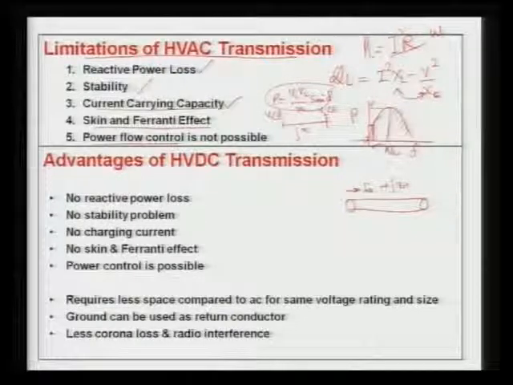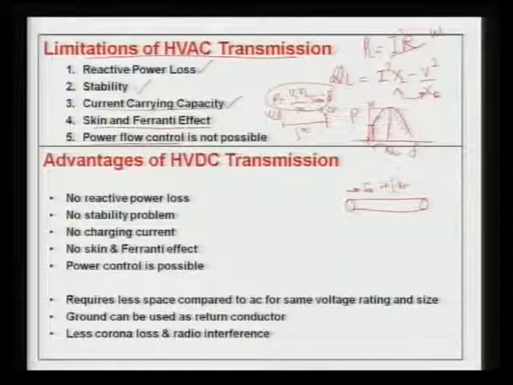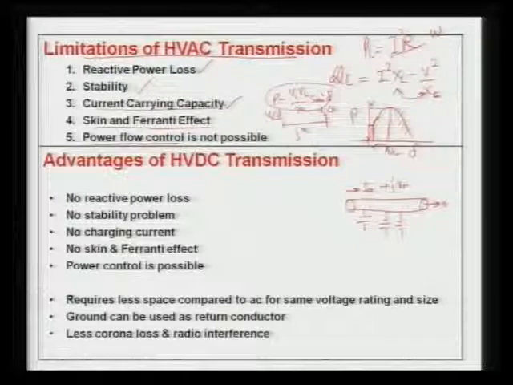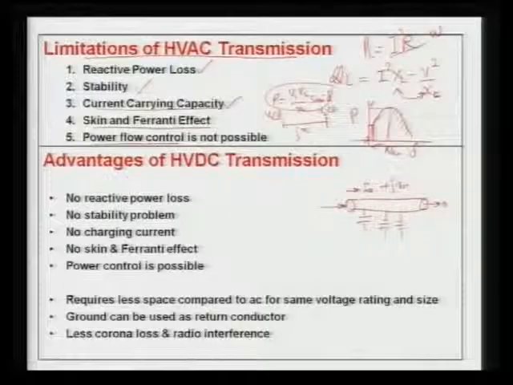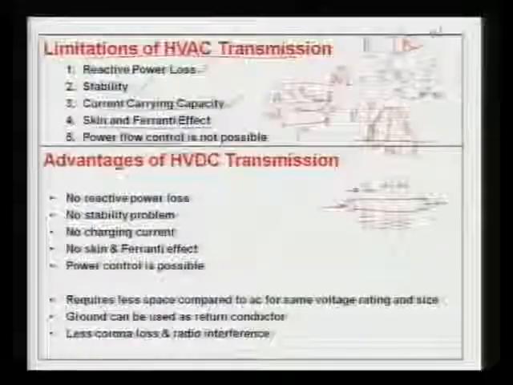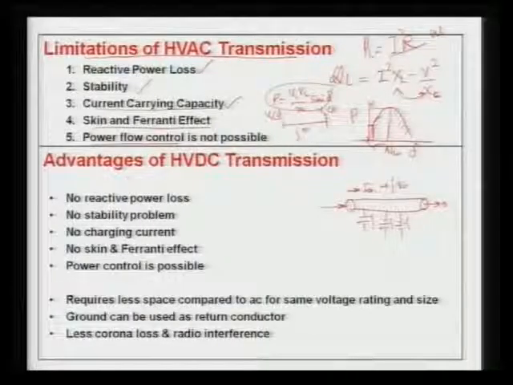The total current is what flows. If the element has more charging, for example capacitive elements like a cable, then even though you are not taking any active power, the current drawn can reach the rating of the cable because of the charging current. So the current carrying capability of AC elements, transmission lines or cables is much less compared to DC, because there is no reactive component of current flowing over the cable or transmission line.